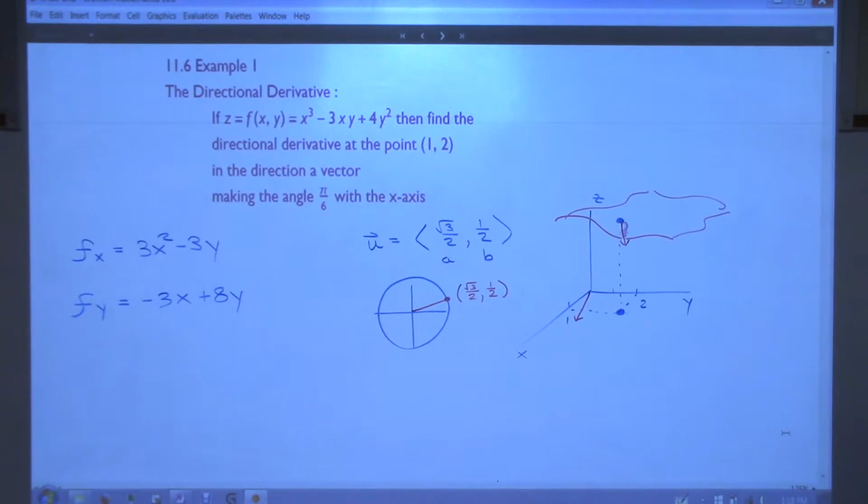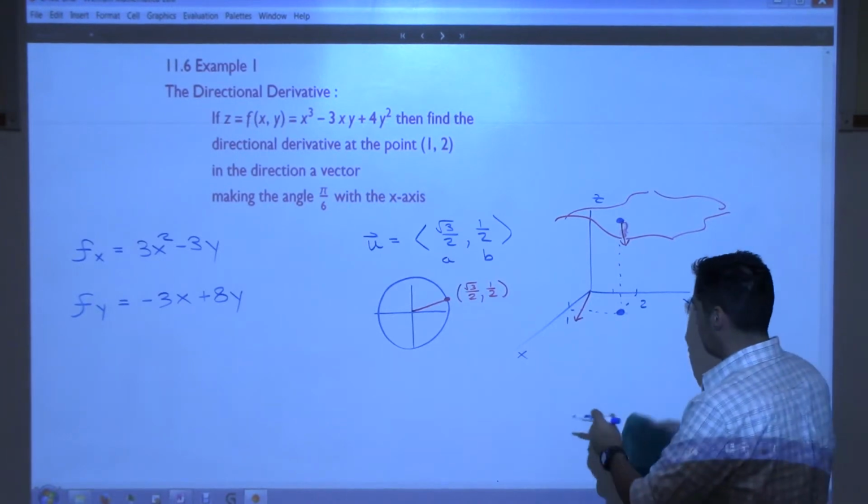So those are our partials, and now I'm going to go over to that formula over there, right? And I'm just going to start plugging things in. I guess I have to erase this pretty drawing.